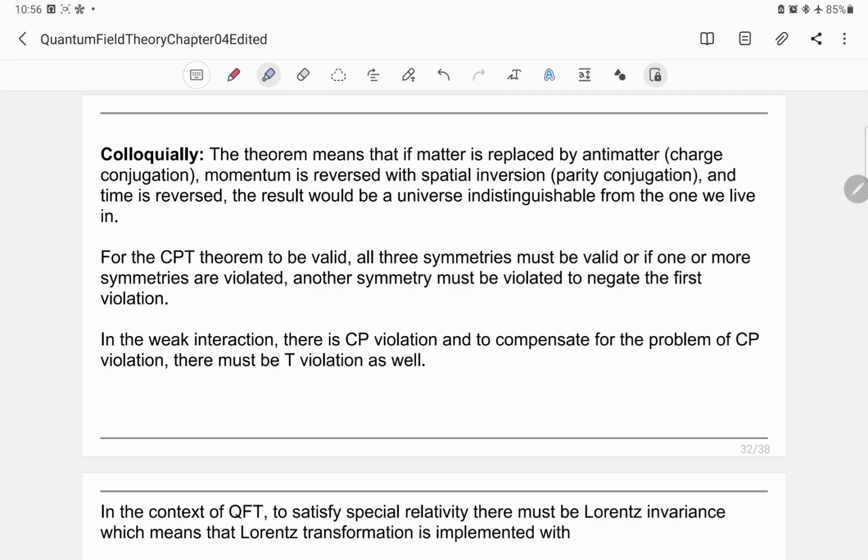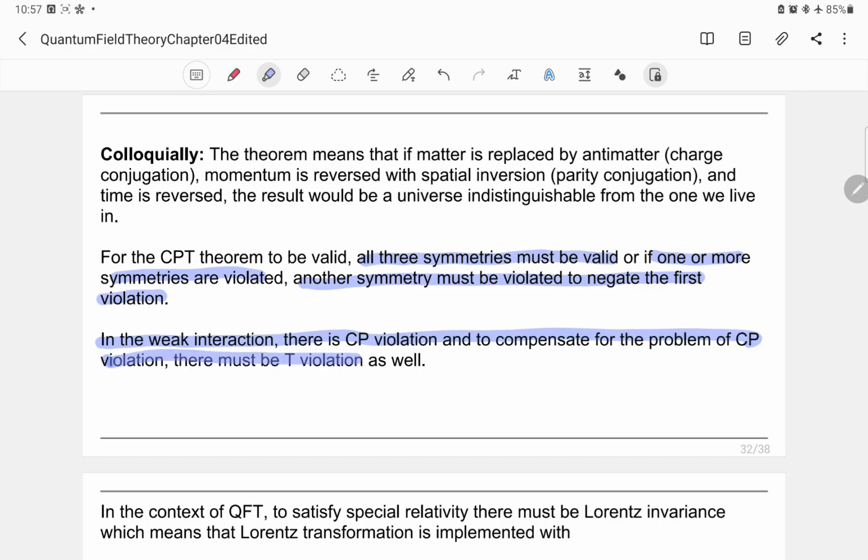For the CPT theorem to be valid, all three symmetries must be valid, or if one or more symmetries are violated, another symmetry would have to be violated to negate the first violation. So this is the CPT theorem. In the weak interaction, there is CP violation, and to compensate for the problem of CP violation, there must be T violation as well.